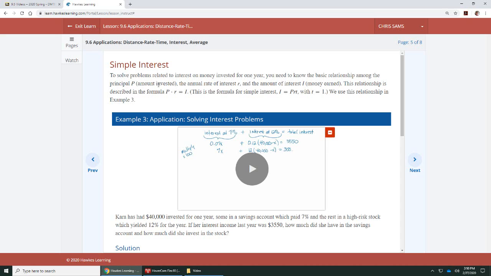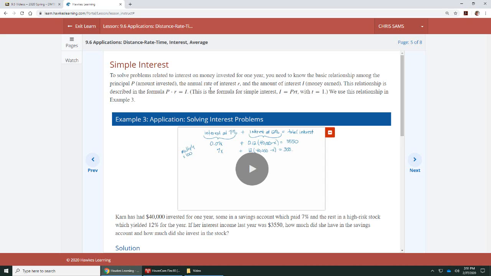So P, principal, is the amount of money invested, so pretty much how much money you start with. And then the annual interest rate, so how much interest do you get at the end of a year? And here they're using R again, and this time rate is a percentage, not a speed. So I just use R for interest and I use S for the other. And then I is the amount of money earned, so how much interest you actually earn.